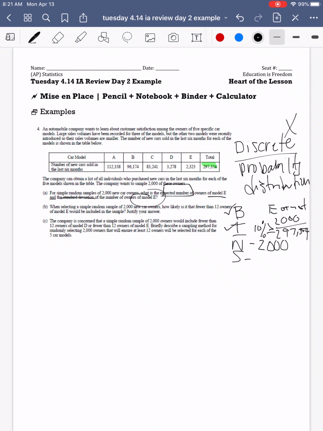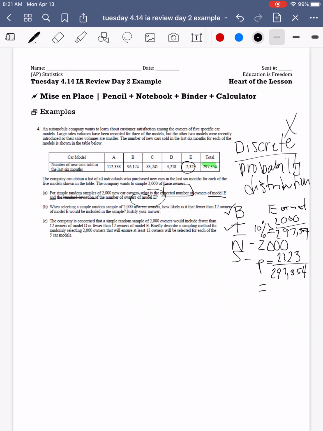And then for success here, we're just looking at Model E. So essentially, I need to find the probability of getting a Model E car. Well, we can just take the values in the table above. So our probability here is going to be equal to the number of Model E cars divided by the total, 2,323 over our total, 297,354.